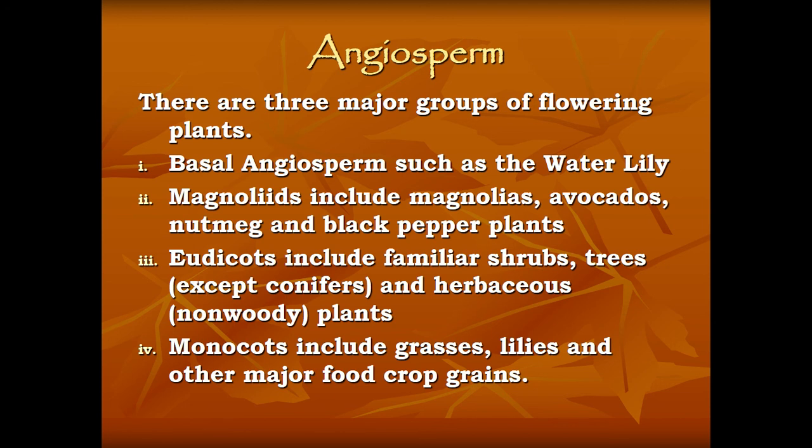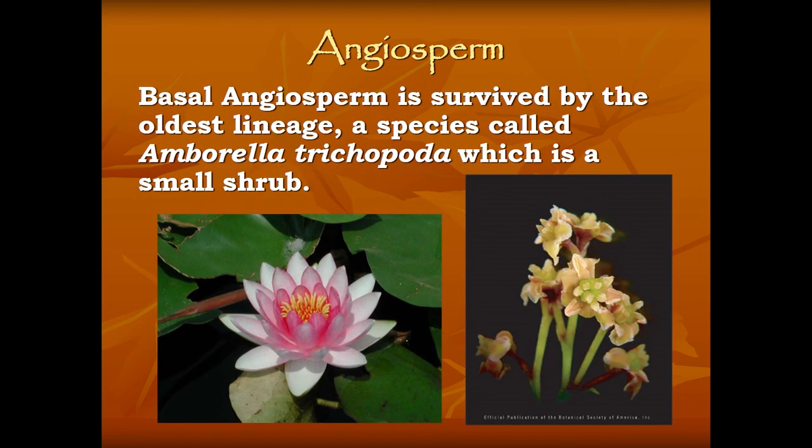So there are three major groups under angiosperms. We have basal angiosperms, such as water lily, magnoliids such as magnolia, avocado, nutmeg, and black pepper plant; eudicots, including the familiar shrubs, trees except for conifers, and also the non-woody plants; and last is monocots, which include the grasses, lilies, and other major food crop grains.